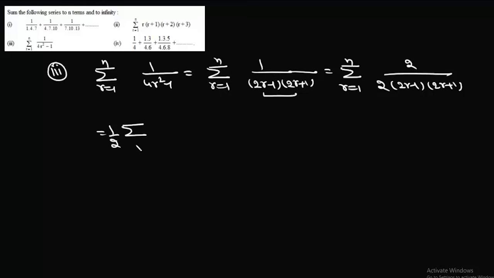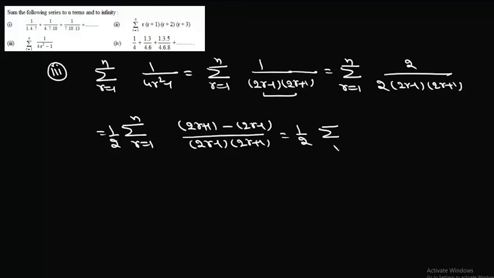Now we can write this as this summation. We'll take 1 by 2 common, and here will be r varies from 1 to n, and we can write this as (2r+1) minus (2r−1) divided by (2r−1)(2r+1), which is 1 by 2, and then this summation r varies from 1 to n.